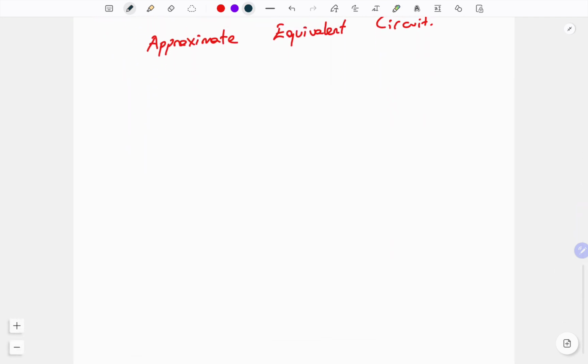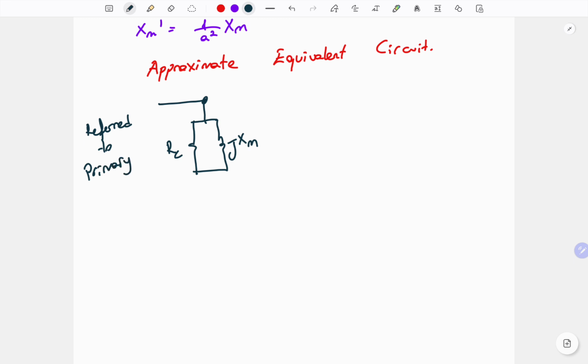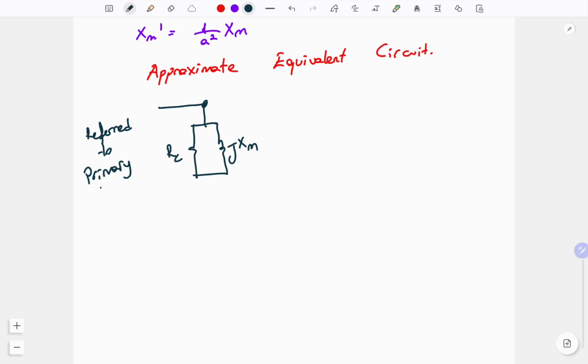For example, we will start with the excitation branch with Rc and Xm if we are working on the primary voltage level, because Rc and Xm's original places are on the primary. So if we are working on the primary voltage level, here we have Vp and Ip.